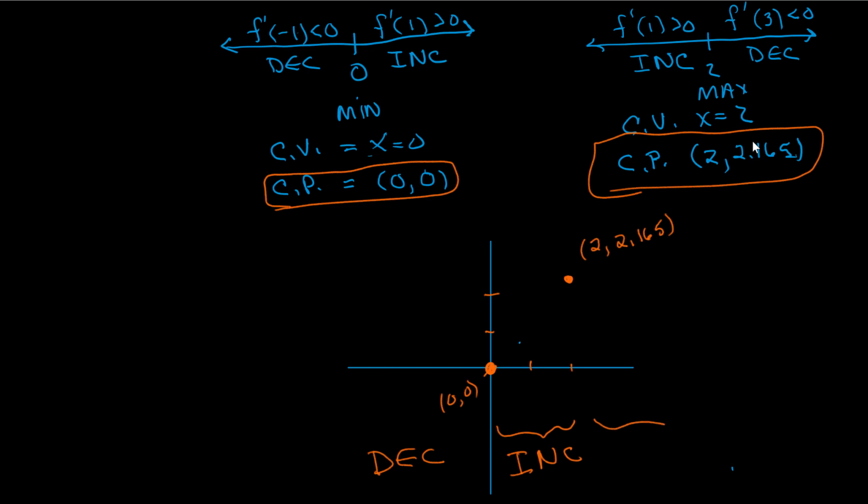To the right of 2, it is decreasing. Okay, so with that information, we can come through here: decreasing, increasing, and then decreasing.